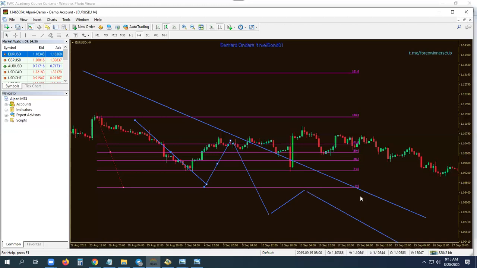But there are cases where the market will just make a move in a downtrend like this, but the next candle will not stop. When the market goes up, it doesn't stop at 38, 50, 61, 100. It just continues and crosses 100. So remember, you start from 100 and you close at 100.